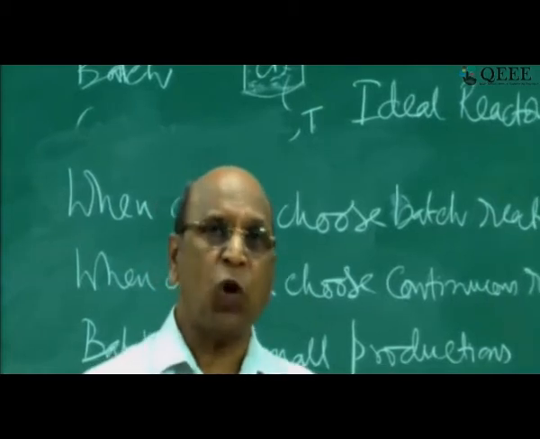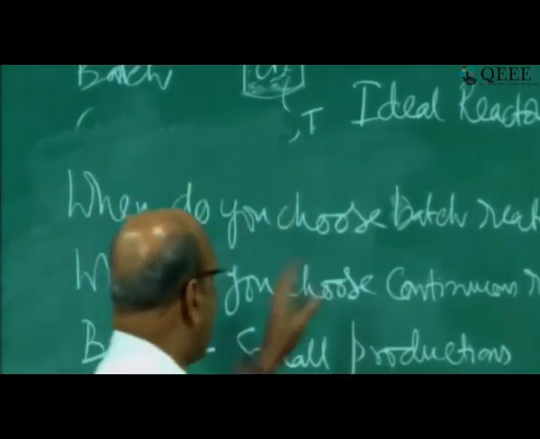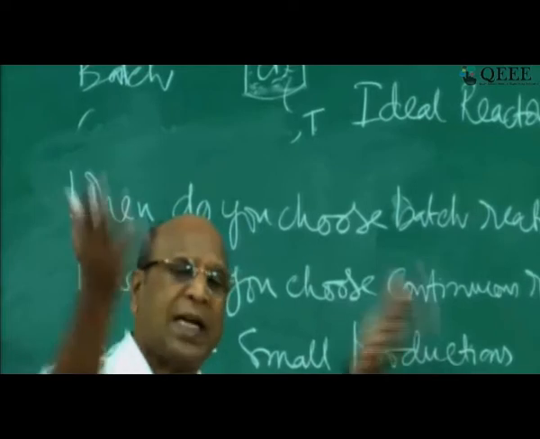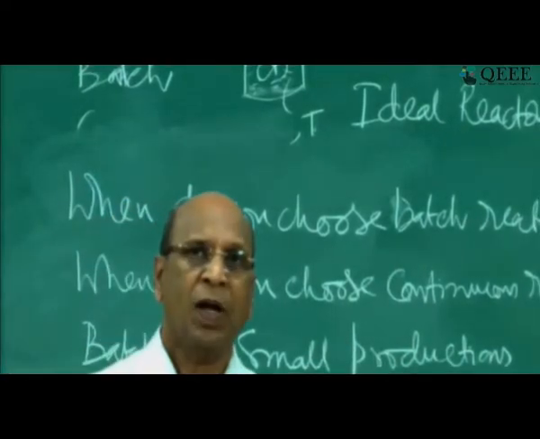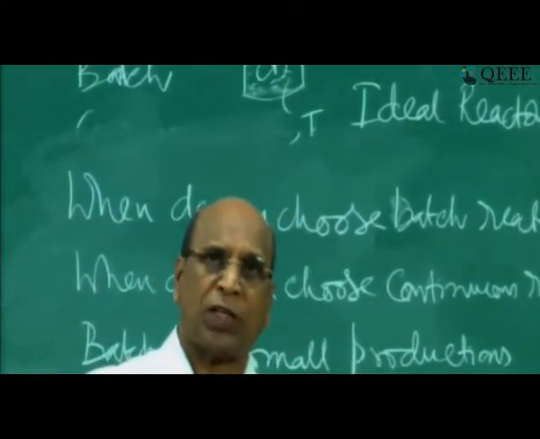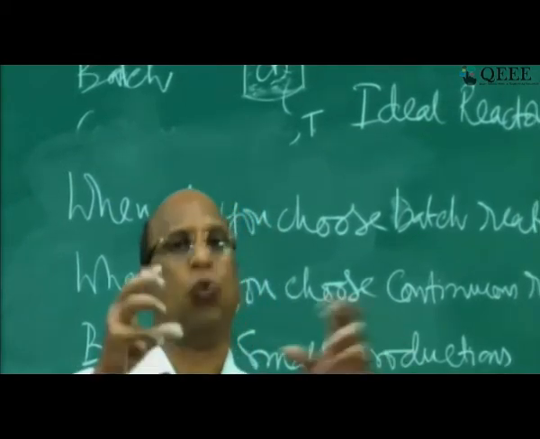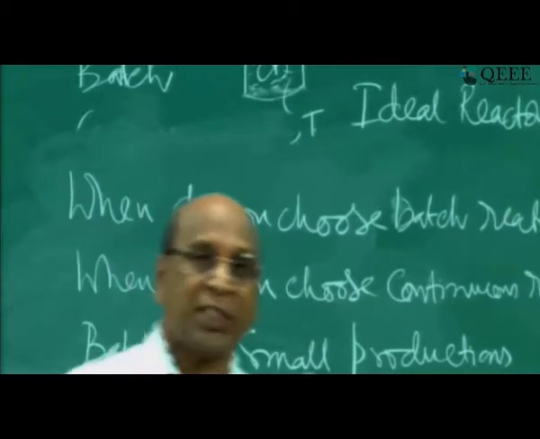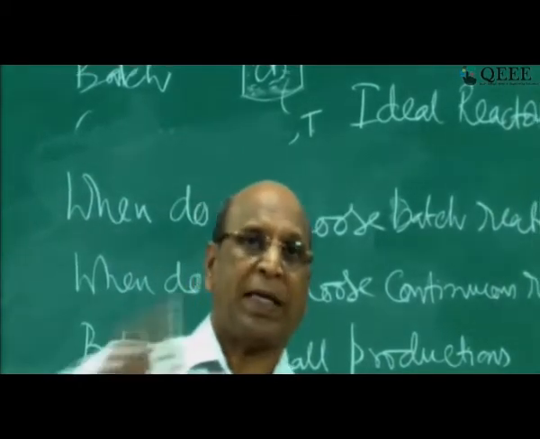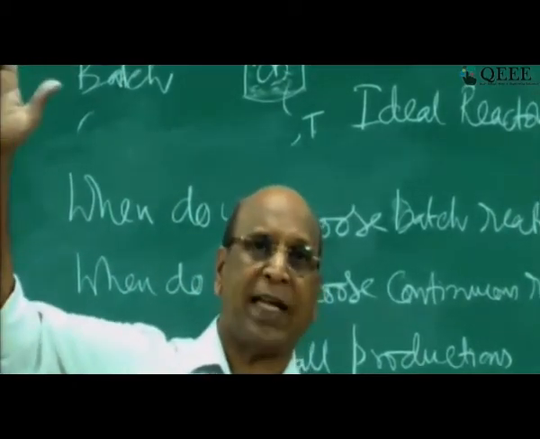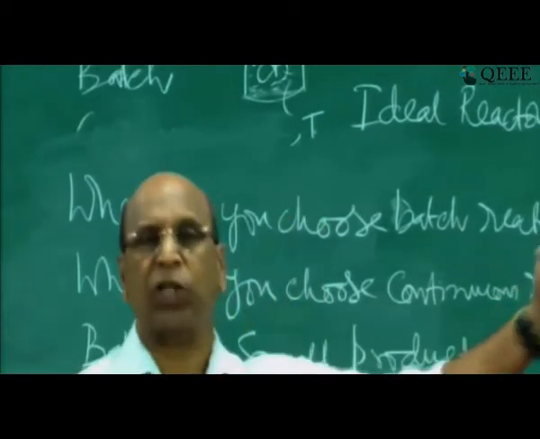That means you have to find out the cost of a batch reactor if I am producing, let us say, 100 tons per day, and the cost of a continuous reactor producing 100 tons per day, and then finally choose. This is the intermediate region. But definitely when they are producing 10,000 tons per day, it is a continuous system.